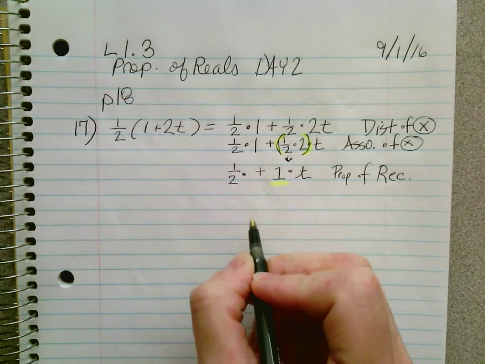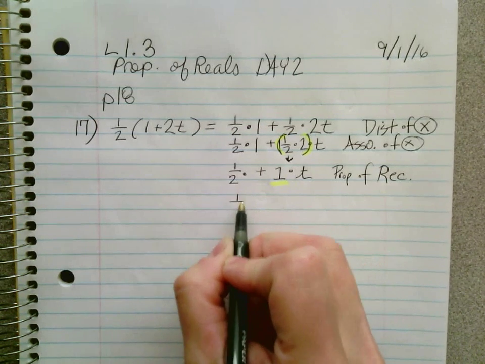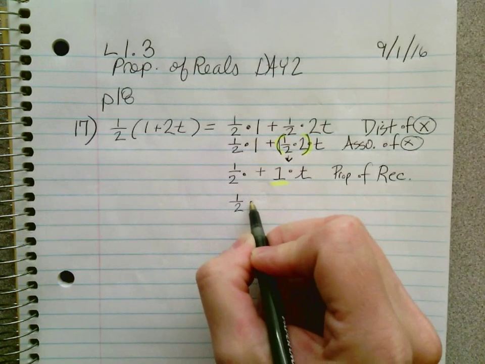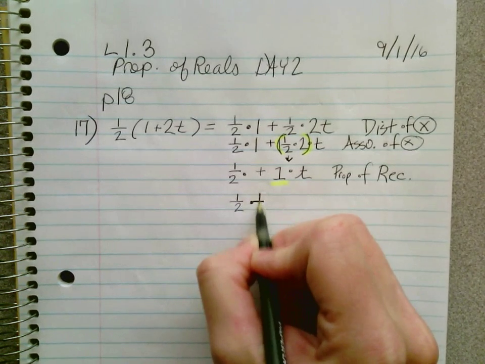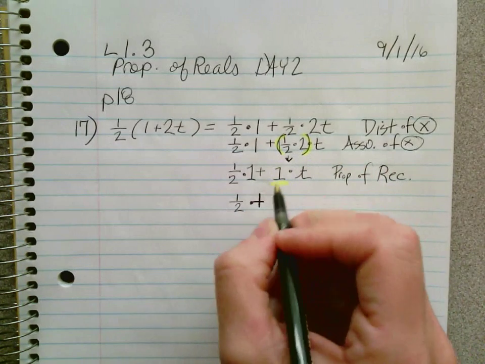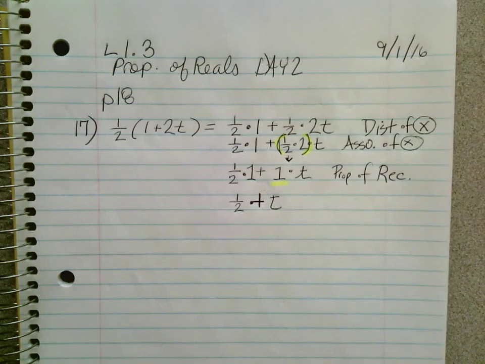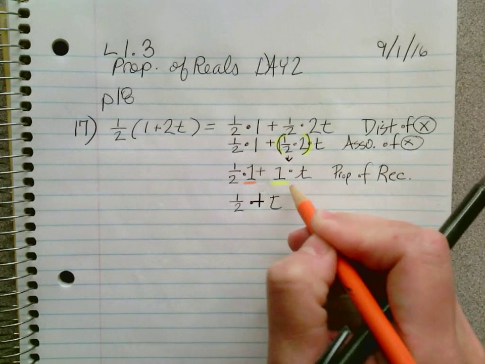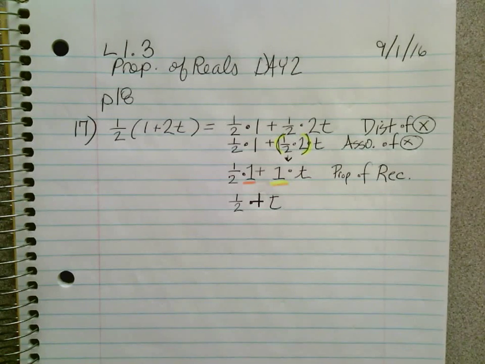Anyway, last step. If you take a look at it, it shows 1/2 plus, shoot, I forgot to write it there, plus t. Notice the things that disappeared are the times 1 and the times 1. Multiplying something by a 1 doesn't change the item's identity.